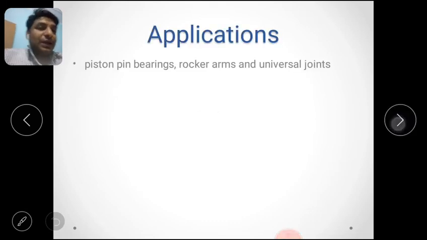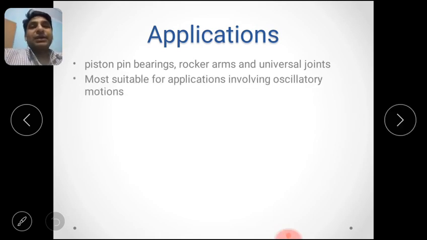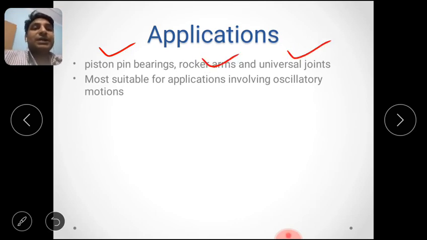Let's look at the application. Needle bearings are used where oscillatory motions generally exist or intermittent loading is applicable. You can see piston pin, rocker arms and universal joint. These are three examples of the application of needle bearing, but many more are available.